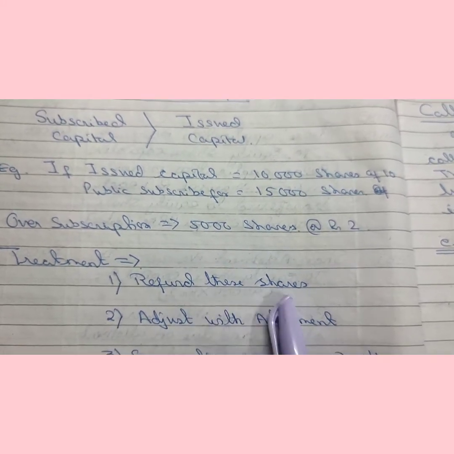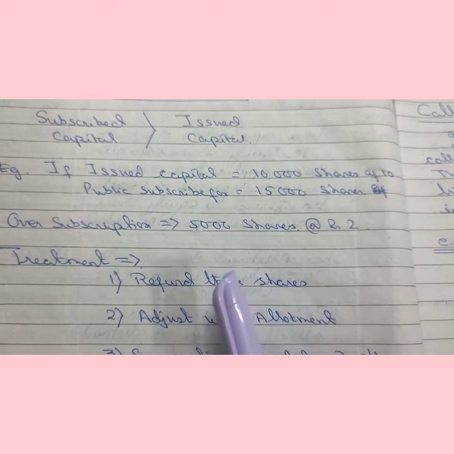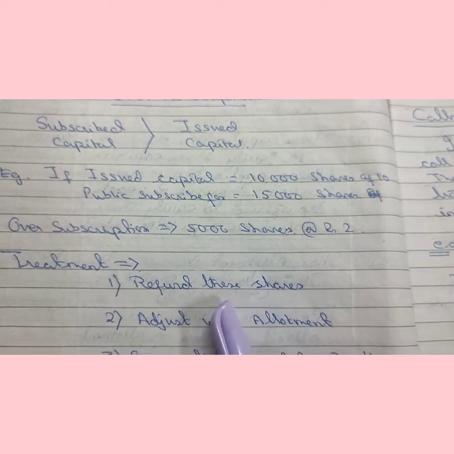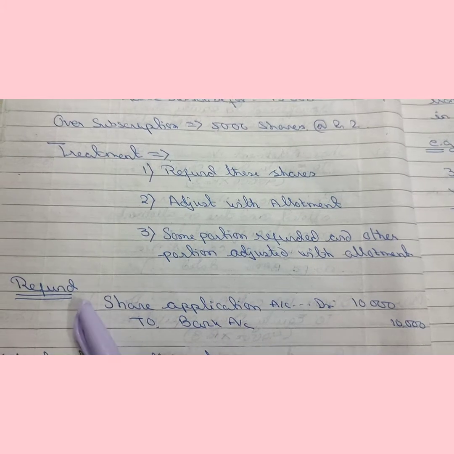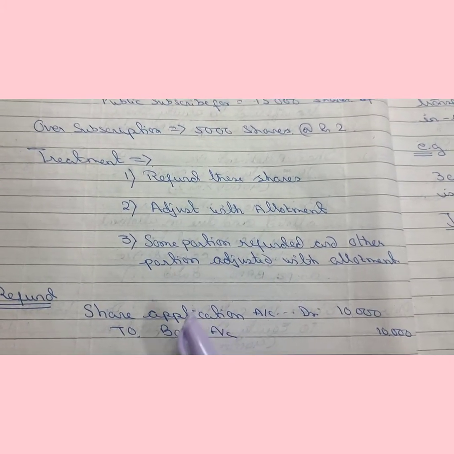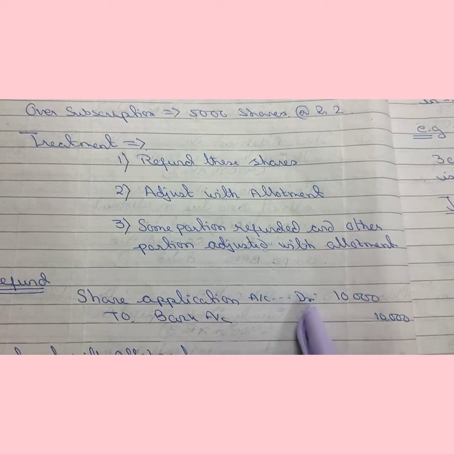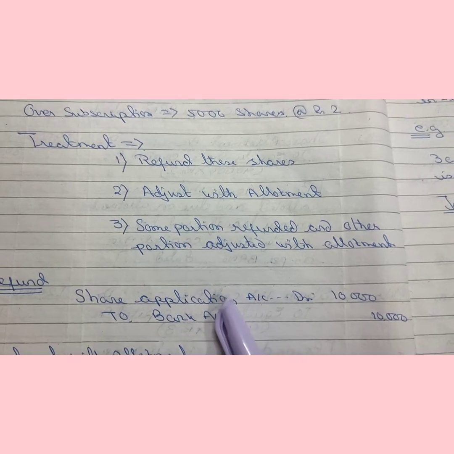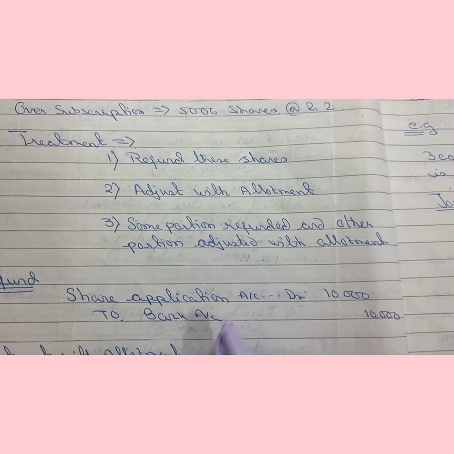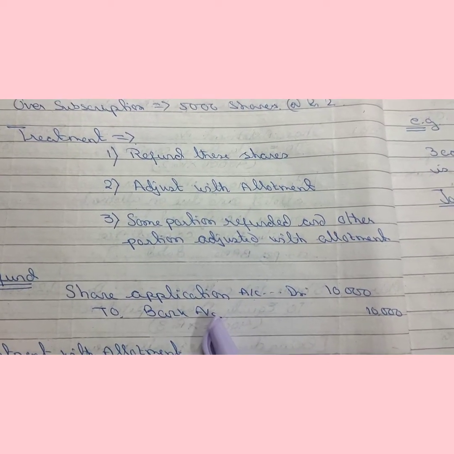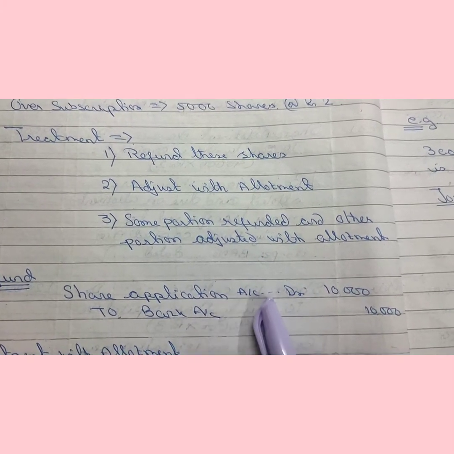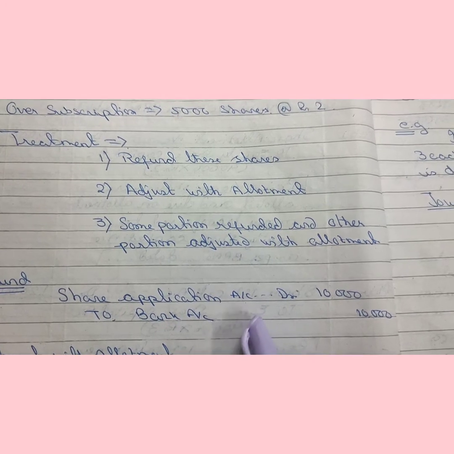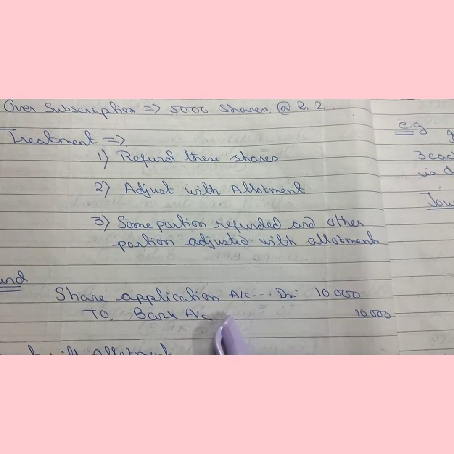In case of refund, what entry do we have to pass? Only one entry we have to pass for the refund amount: share application account debit to bank account, just the opposite of the received entry of application. The oversubscription amount is called excess application money.